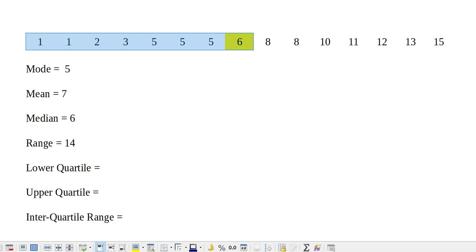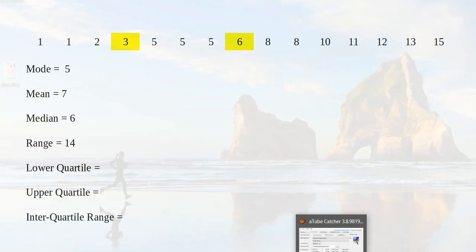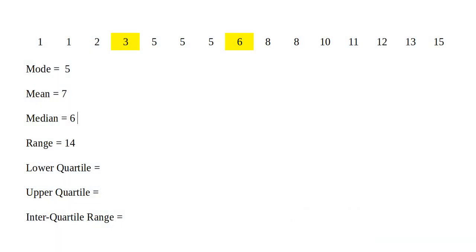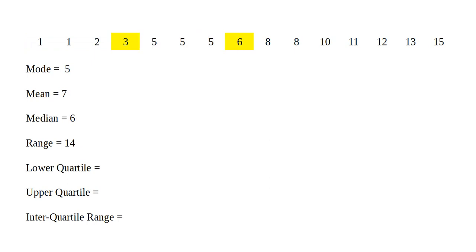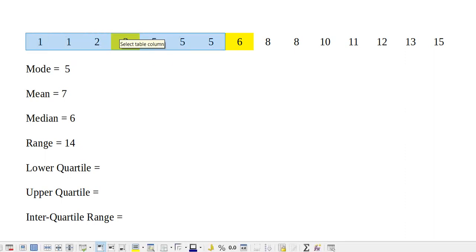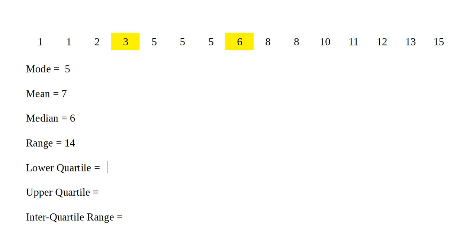Well, if I look at 3, I can see that there are 3 numbers to the left of 3, and there are 3 numbers to the right of 3 before we get to our median. And this gives me the lower quartile. It's like I'm taking these numbers here and I am finding the middle of those. So I'm going to write in my lower quartile is 3.